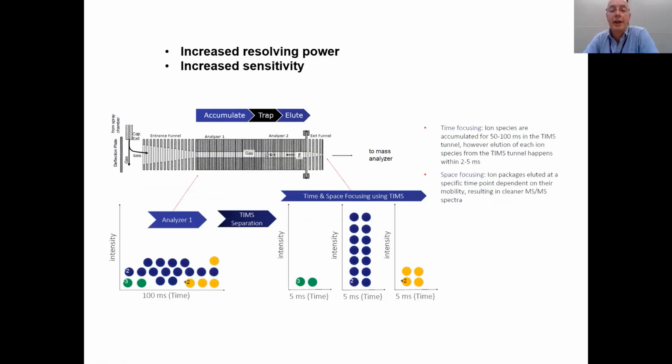The effect of that is to accumulate these ions into small packets, which are accumulated and trapped and then eluted, and that can happen faster than they travel into the mass spectrometer. So we can achieve increased resolving power, and also increased sensitivity with trapped ion mobility.